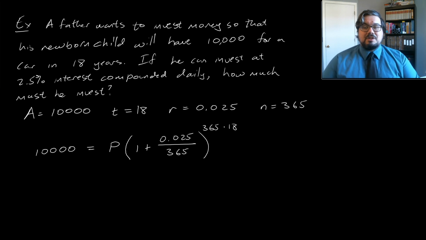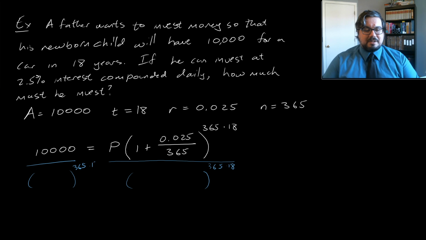Now this allows us to solve for p. What we're going to do is divide both sides by this whole expression here, 1 plus 0.025 over 365, raised to 365 times 18.